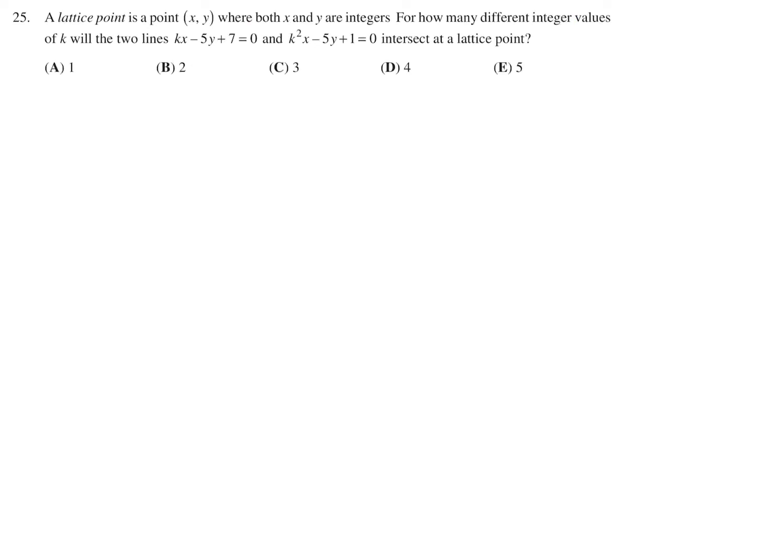A lattice point is a point x, y where both x and y are integers. For how many different integer values of k will the two lines kx minus 5y plus 7 equals 0 and k squared x minus 5y plus 1 equals 0 intersect at a lattice point? So we have kx minus 5y plus 7 is 0, and we have k squared x minus 5y plus 1 is 0.